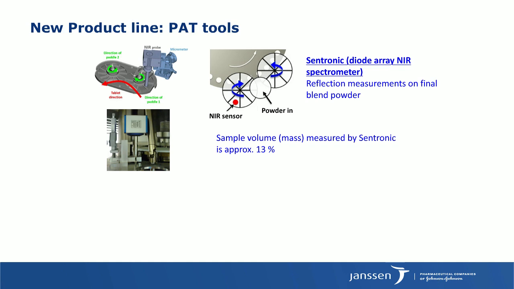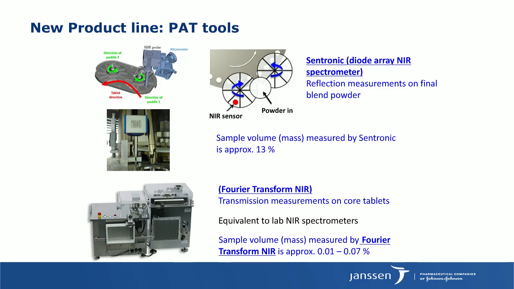If you take into account the measurement area of the probe itself and the material that comes into the feed frame, by doing some simple calculations, we can estimate that with the Sentronic probe itself, we measure approximately 13% of the entire batch that we produce. In comparison, we have the second tool, which is the PAT-CU tool, which is based on a Fourier transform NIR principle, where we do transmission measurements on the core tablets.